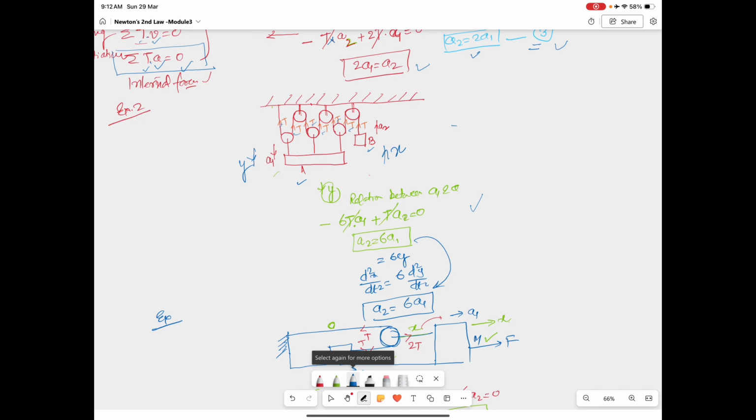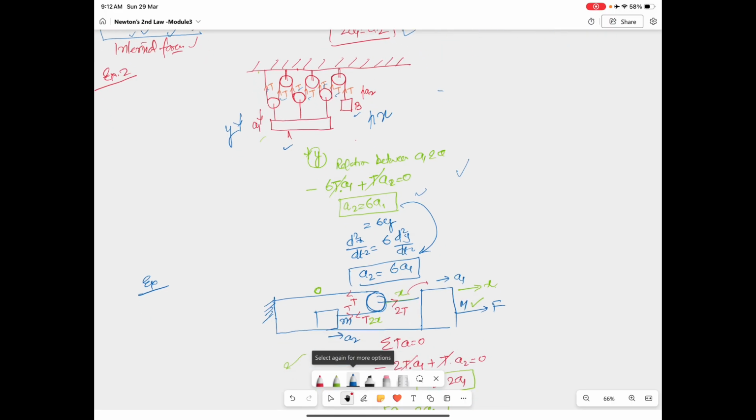So 6T and a1 are in the opposite direction. So I will write minus 6T into a1 plus, for the mass B, what is happening? T is going upward and a2 is also upward. So they are in the same direction. So this is plus T into a2 is equal to 0, which will give a relation between a2 and a1, which is a2 equals 6a1. So by this we can solve the problem.